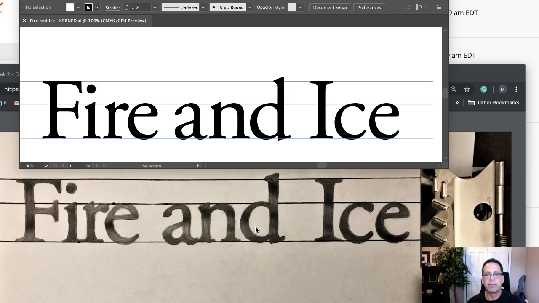So just by way of quick review, why is spacing so important? Letter spacing is important because it prevents the mind from perceiving words as a series of letters. If there was an unusually large space here between the A and the N, the mind wouldn't see that as "and." The mind would see an A and an ND.